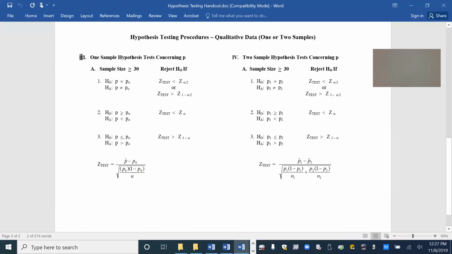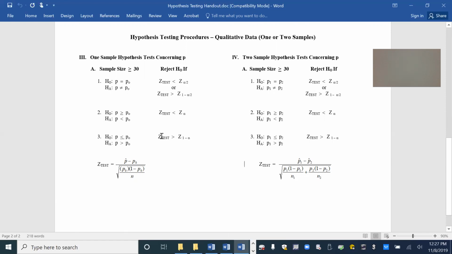So it's a case 3. So on your exam, write case 3. Did we sample over 30? Yeah. Write 3A. And which one was our alternative? A not equal to, a less than, or a greater than? It was a greater than 50% is what we're trying to show. So here's our sample, here's our target, here's what we're gonna do.